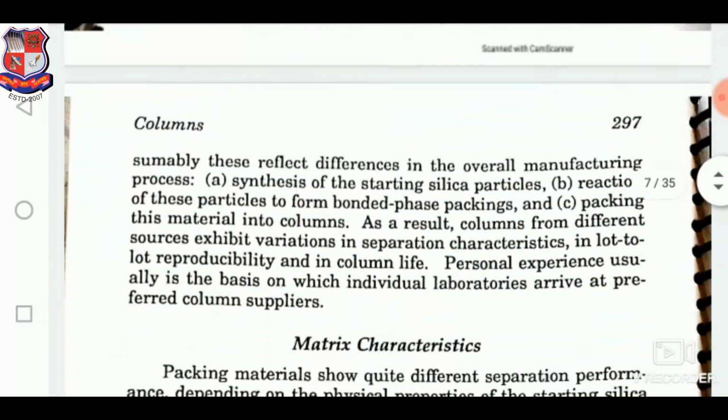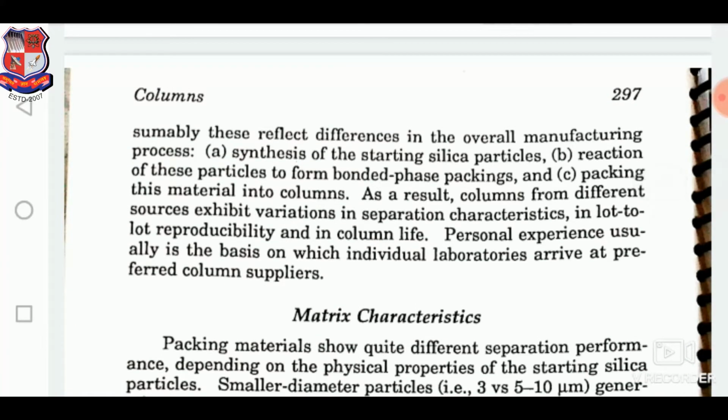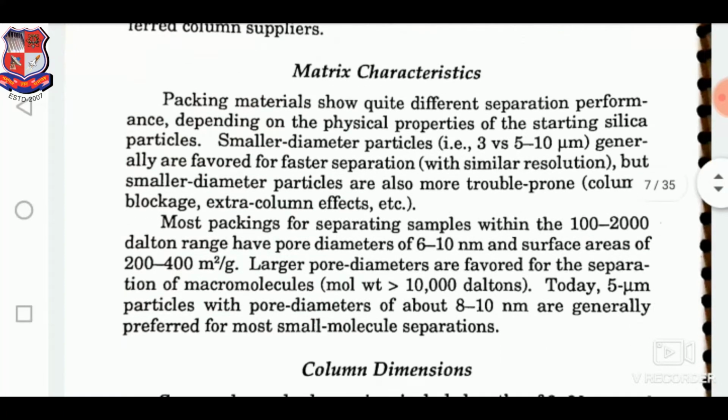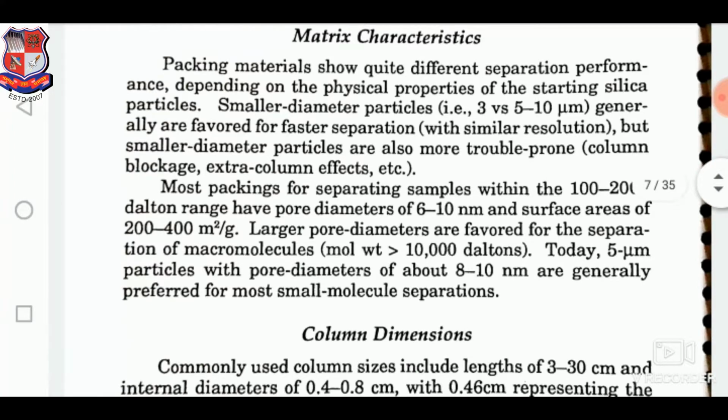Columns from different suppliers. According to the vendor, there may be a change of packing or the column specification. That we will see. What are the column specification characteristics? Here the particle size is also necessary, because most packings for separating samples within the 100 to 2000 dalton range have a pore diameter of 6 to 10 nanometer and a surface area of 200 to 400 square meter per gram.